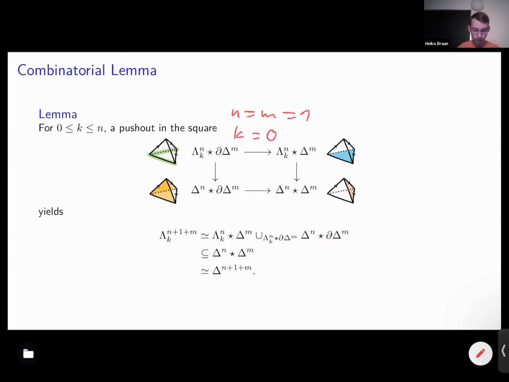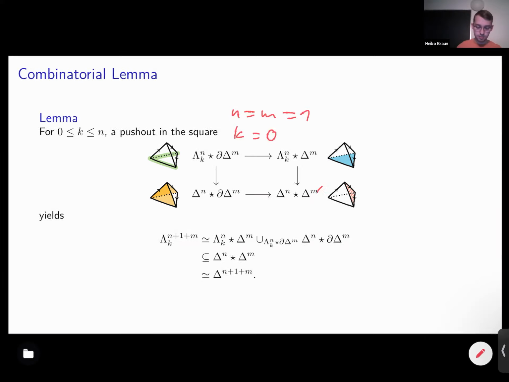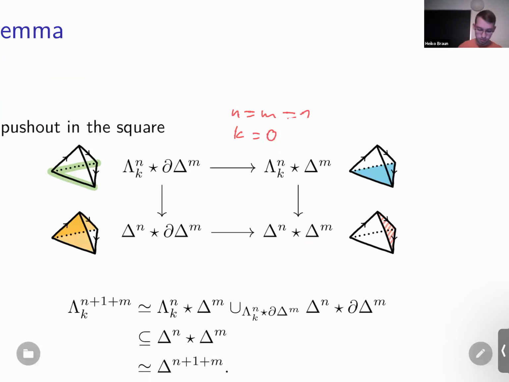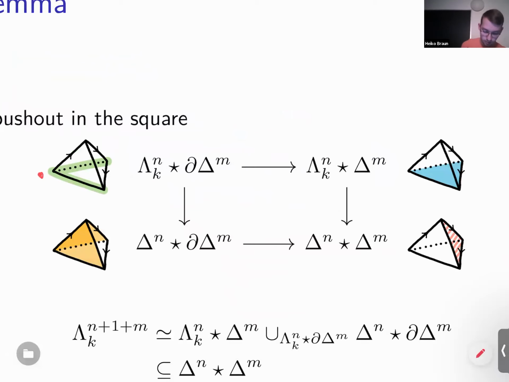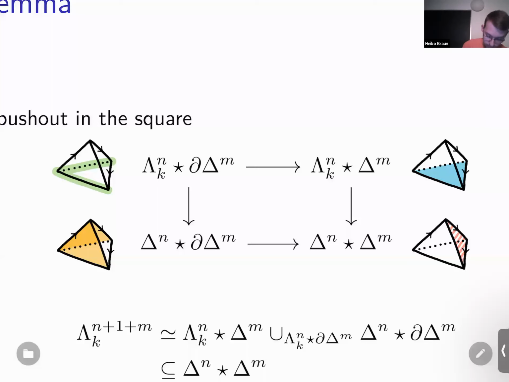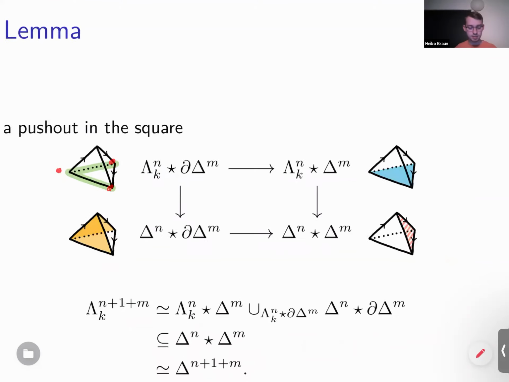And then these pictures arise like that, because if you look at this, here we have 0, and here we have 0, 1, 2, and 0, 1, 2, 3, and here is the 0 horn, and this is the boundary, and then the join will consist of those two guys.